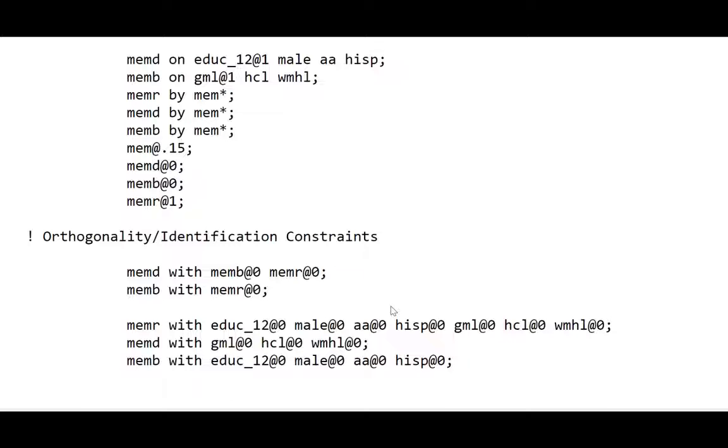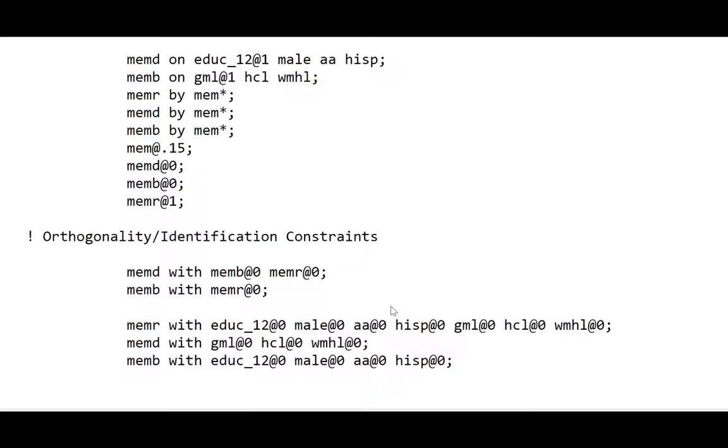Right. So MEMD is going to be the variance in MEM that's explained by these 4 variables. MEMB is going to be the variance explained by these 3, and MEMR is going to be everything else. And I'm making these orthogonal. This was a question earlier.